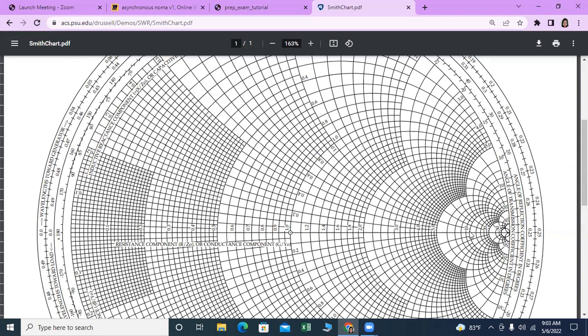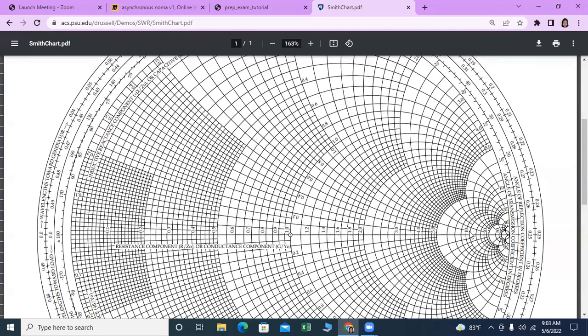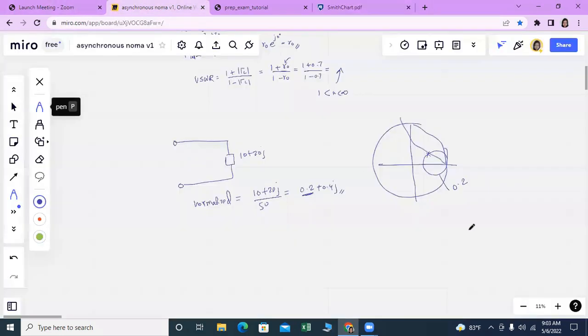You can find the 0.6 arc right here, and then you will find some intersection over here. So the corresponding point is here.